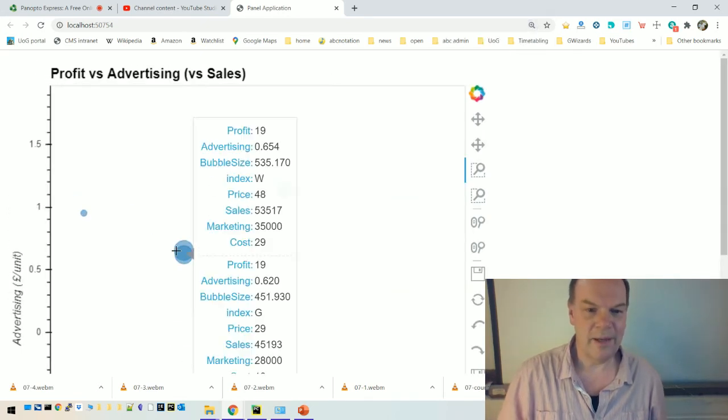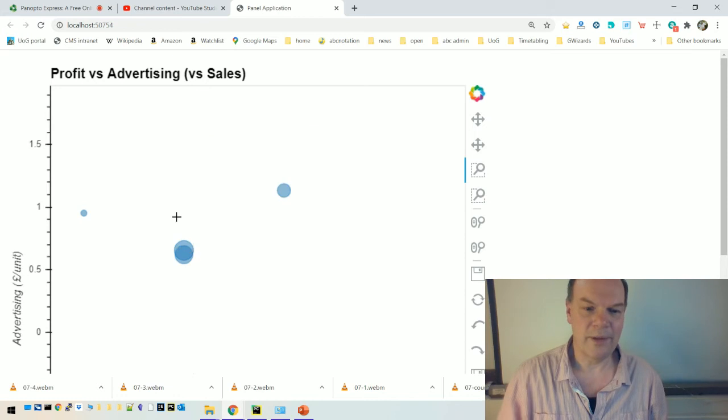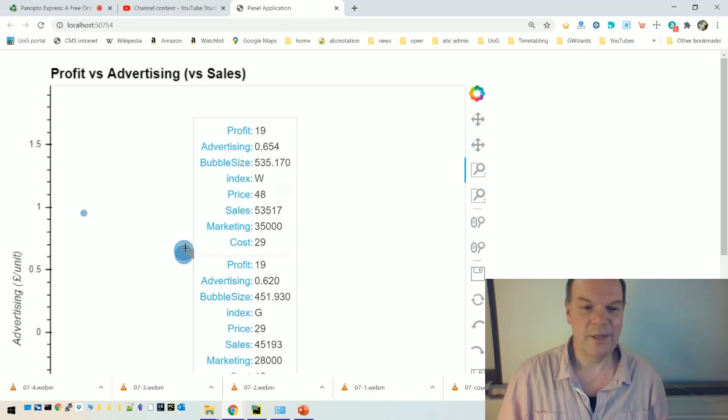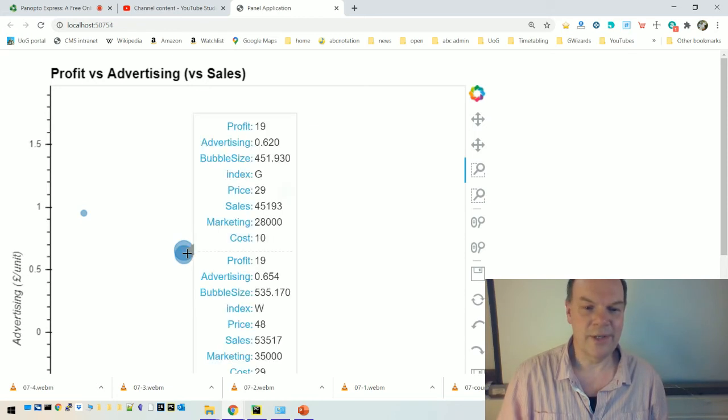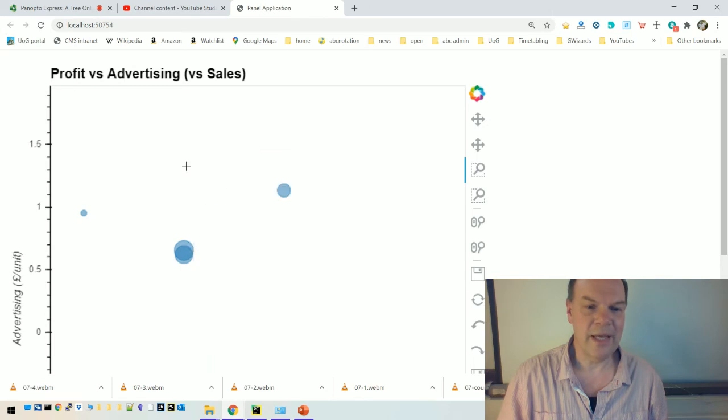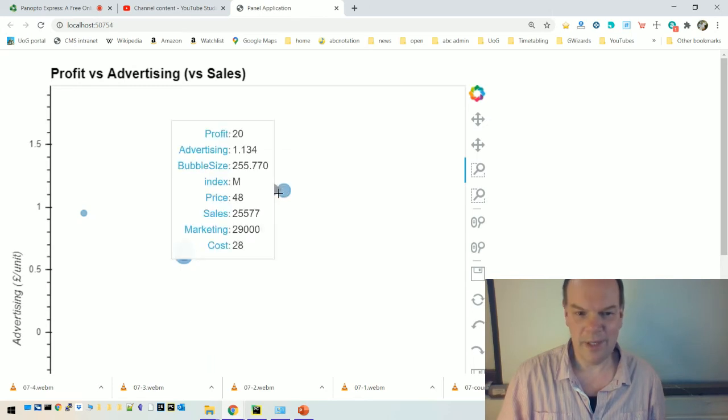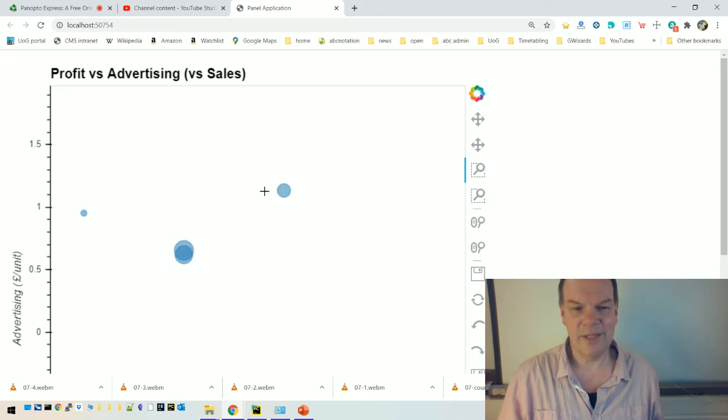W and G, and the price of W is 48 and the price of G is 29. But the marketing is very different and the cost is very different for each of those. So we can get details. We can hover in and zoom in and get details for each bubble, and it'll tell us all the information, including the bubble size, which we don't really need. That's the calculated scaled variable, but it'll tell us that as well.